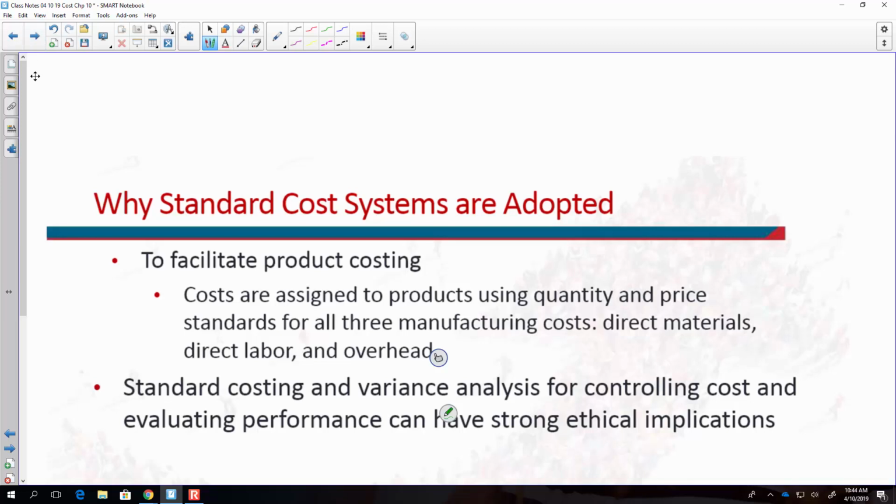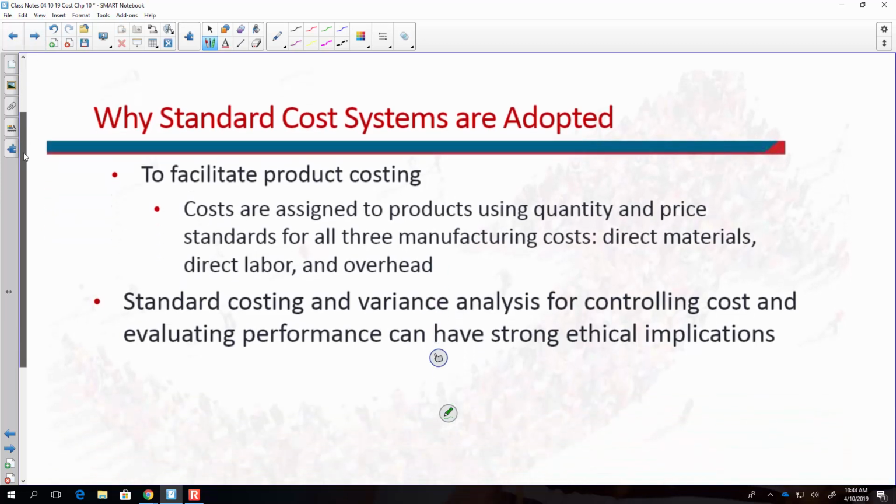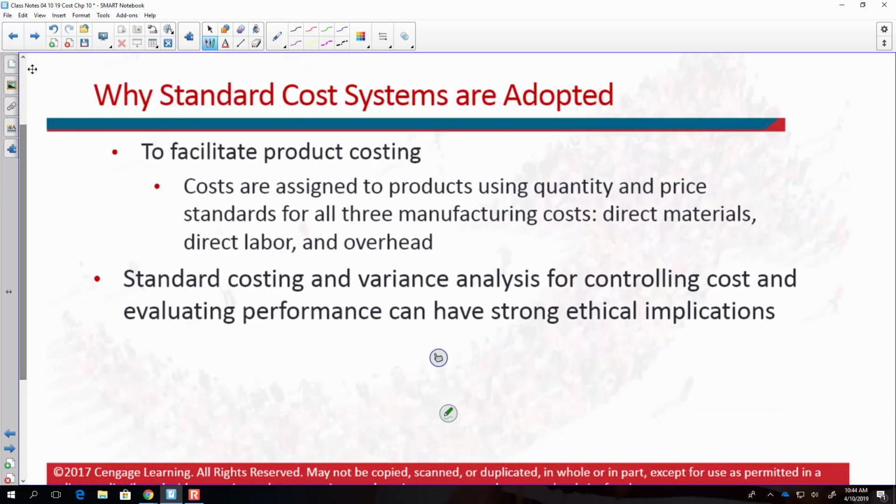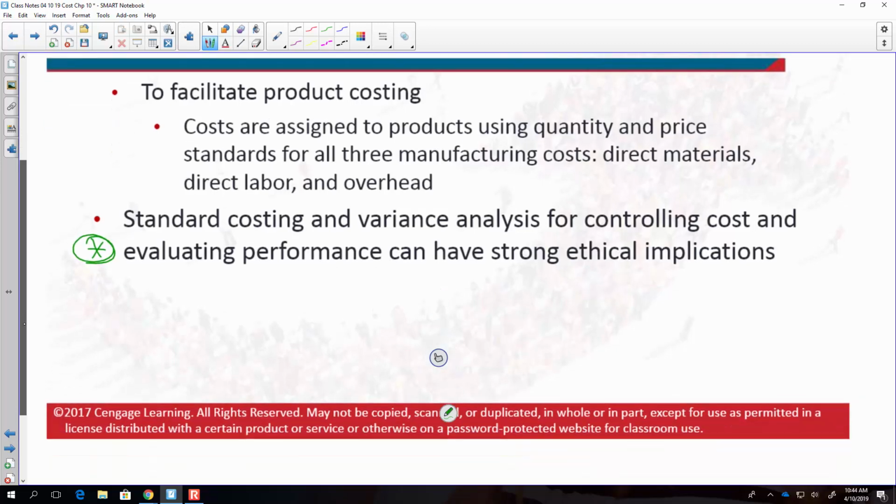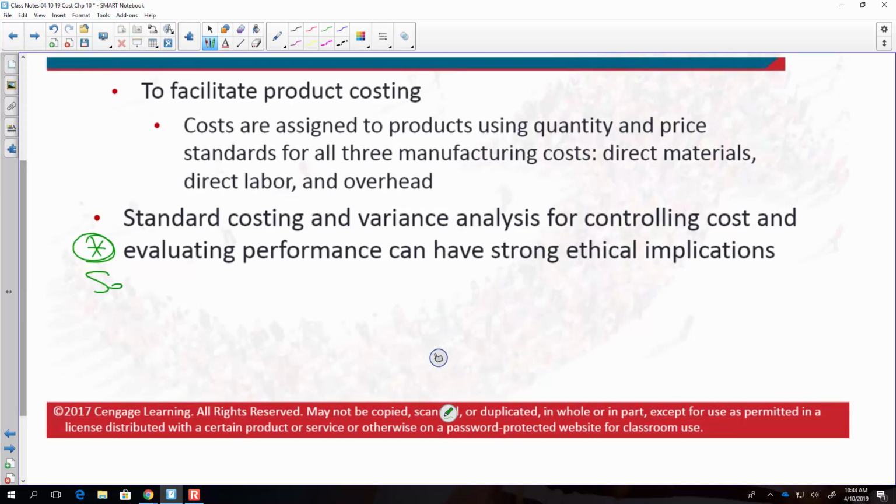So, when we set standards for personnel in our production, right? We're going to use that standard to evaluate performance.